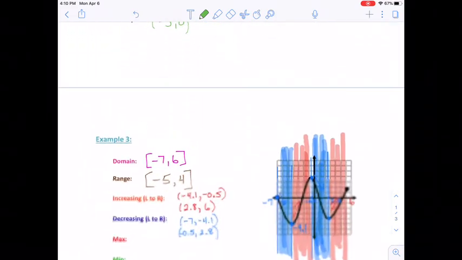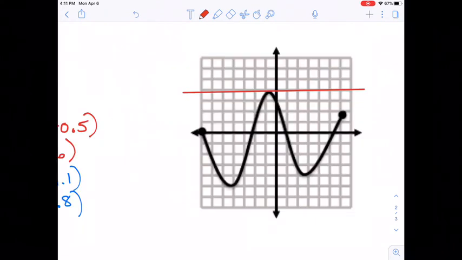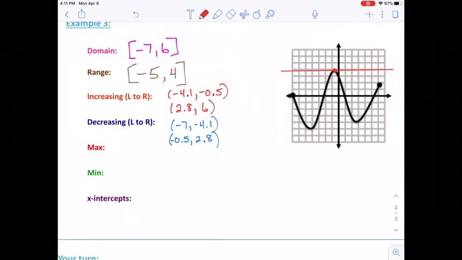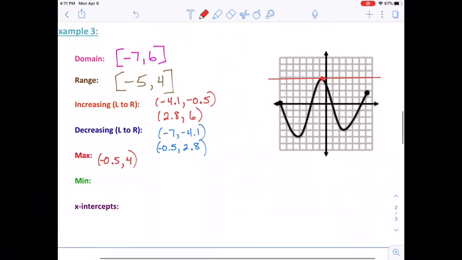And example 3, the high point is right here. I'm going to say that's at about negative 0.54. It's kind of hard to tell exactly what that coordinate is.